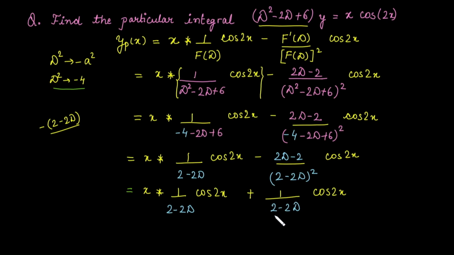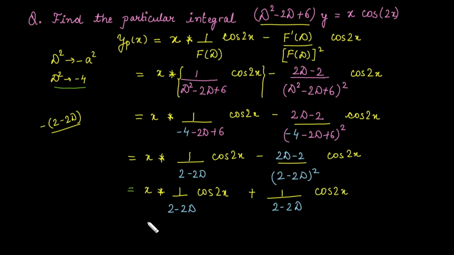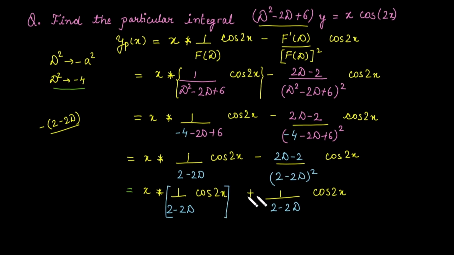In the denominator we have only one factor because one factor is already cancelled with the term in the numerator. You can observe that this term is the same, so we can take it as x plus 1 into this term.